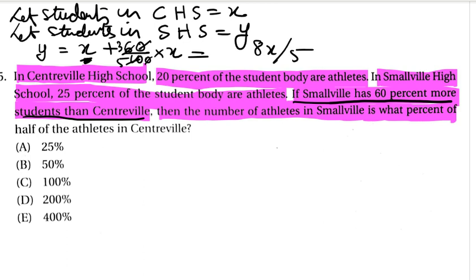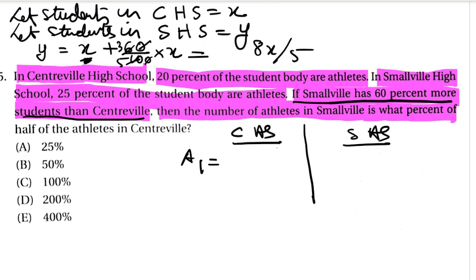That's your first one. Now let's find the athletes. If I split it into two parts, I'm going to write CHS here and SHS here. Suppose athletes in Centerville High School, A1, are 20% athletes. It's written over here, 20% athletes. So 20 by 100 into x.